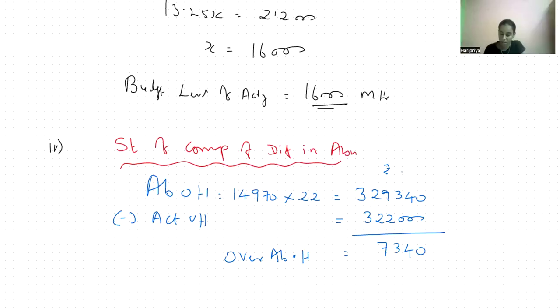Analyze the arguments for and against using departmental absorption rates as opposed to a single blanket factory-wide rate. Analyze the pros and cons of using departmental absorption rates instead of a blanket overhead rate.